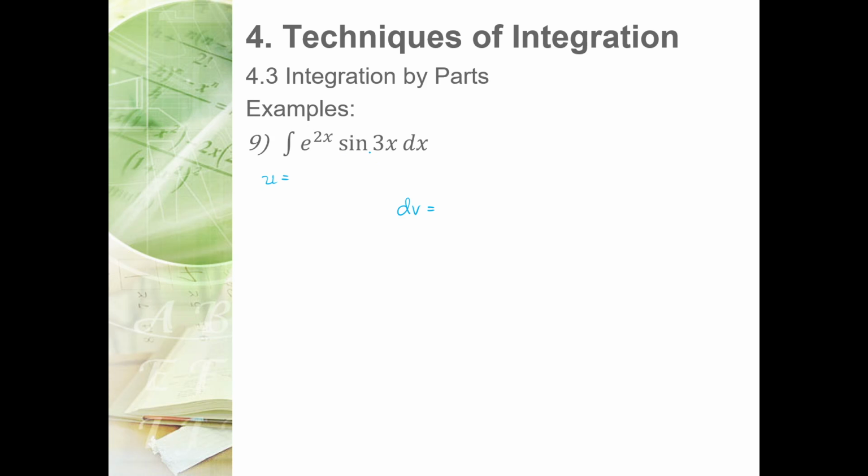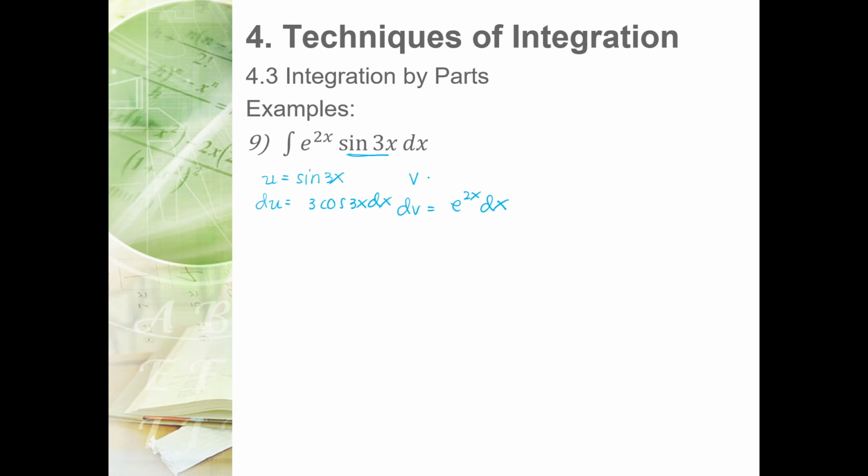Looking at the example, you have a triple angle, sine 3x, and I think it's not advisable to put it in the integration part, dv. So let's put it here as u. Then the du for this one is 3 cosine 3x dx.